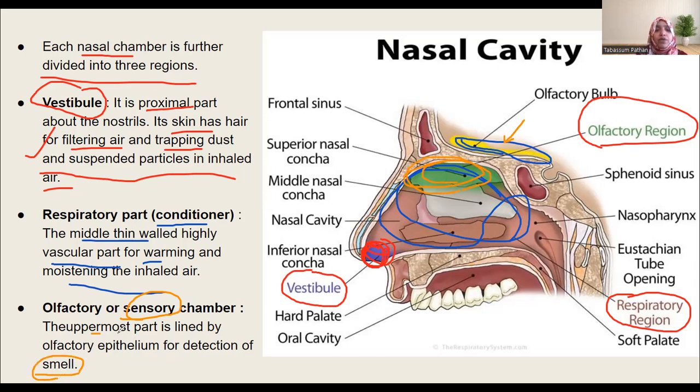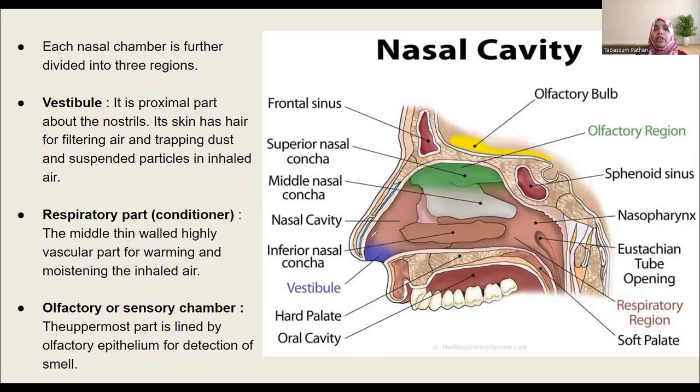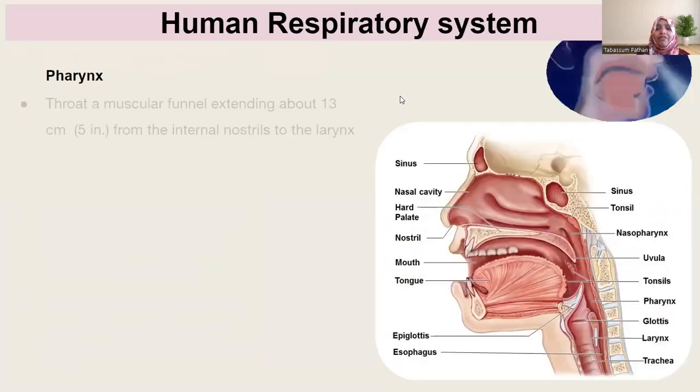It's the uppermost part of the nasal cavity. Can you see? In the middle, you have the respiratory region, and then you have the vestibular region. So these are the further details of the nasal cavity divided into three regions: vestibule, respiratory part, and the olfactory chamber.